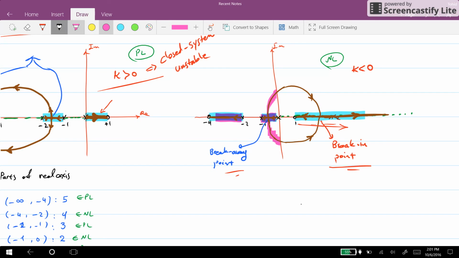So we can say that for Kp smaller than 0 and bigger than alpha, a parameter which is smaller than 0, the closed loop system will be stable.